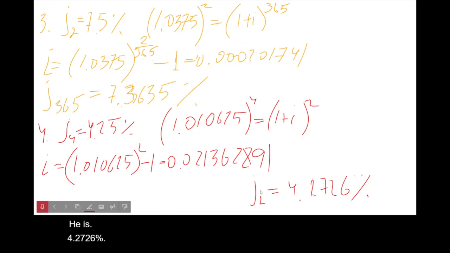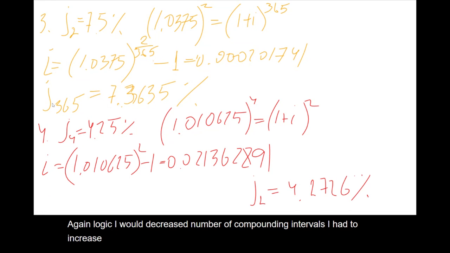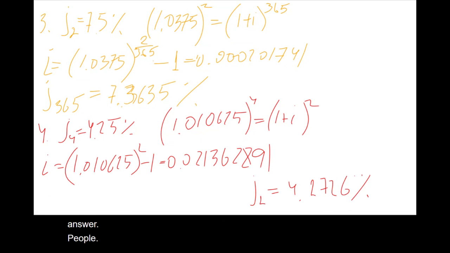Again, logic: I want to decrease the number of compounding intervals, I have to increase the nominal rate. That's what happened. They have the same answer. People, anyways, finish your calculations. Let me know when we're good to continue.